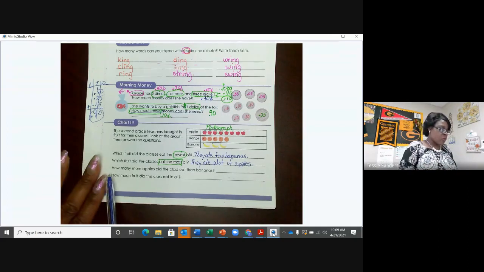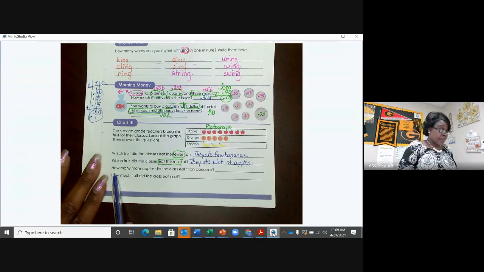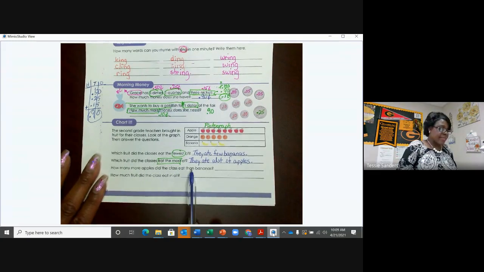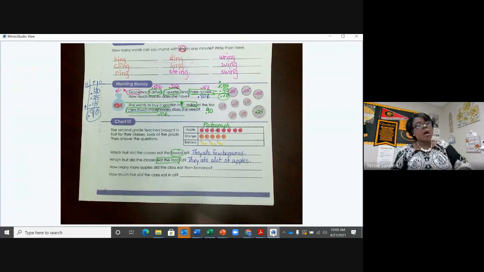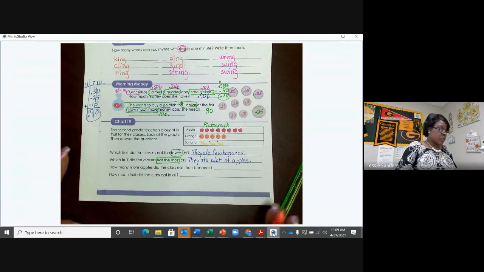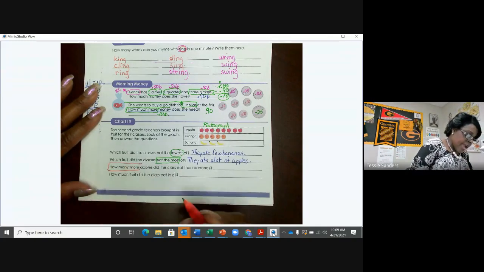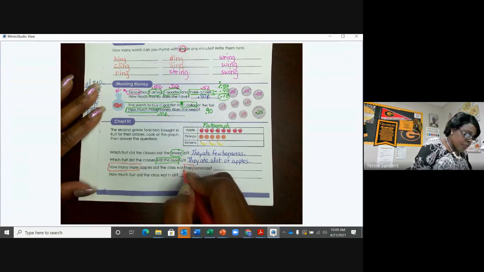Look at your next question. Read. How many more apples did the class eat than bananas? All right, professors, here's the clue. Put a box, scholars, around how many more and the word than.